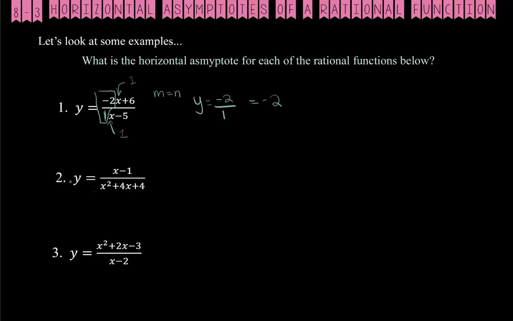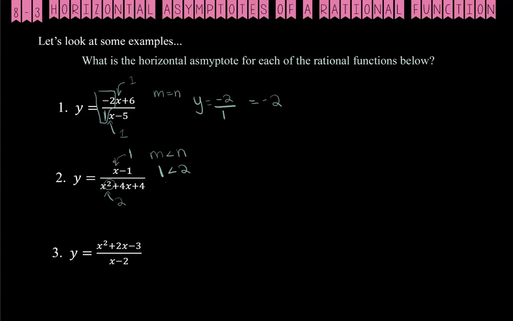Then for example number 2, again we need to identify the degree of the numerator. This degree is just a 1 because it's x to the first power, and the degree here is the 2. So in this case, our m, which is the numerator degree, is less than n because 1 is less than 2.